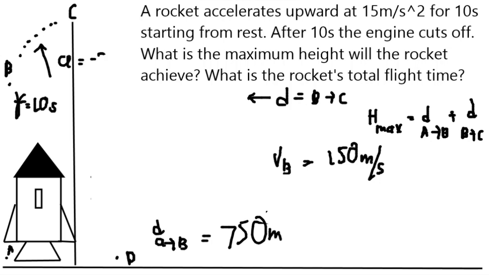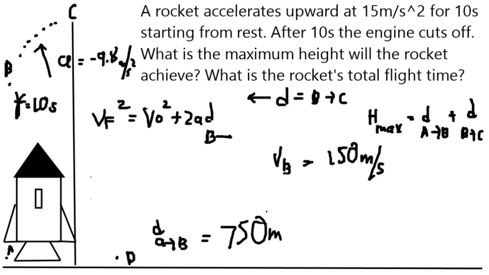After the rocket's engine cuts off, it will have momentum that will carry the rocket to point C. So we do not have any engine acceleration. We only have the acceleration due to gravity. So we can just name things here.